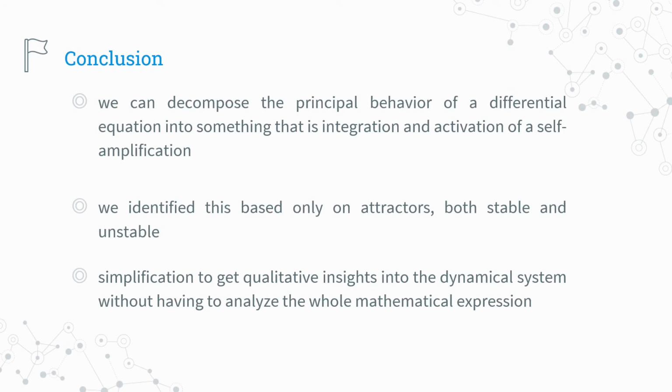We don't necessarily have to understand the exact analytical solution to this differential equation, but we can still decompose the principal behavior of a differential equation into something that is integration and activation of a self-amplification. And we identified this based only on attractors, both stable and unstable. This simplification allows us to get qualitative insights into the dynamical system without having to analyze the whole mathematical expression.